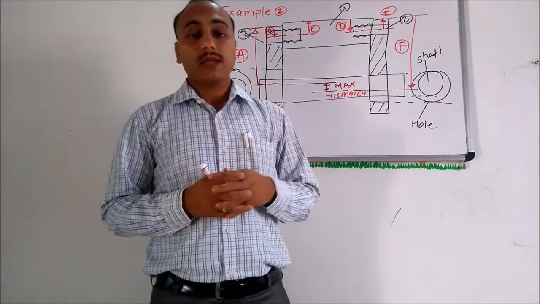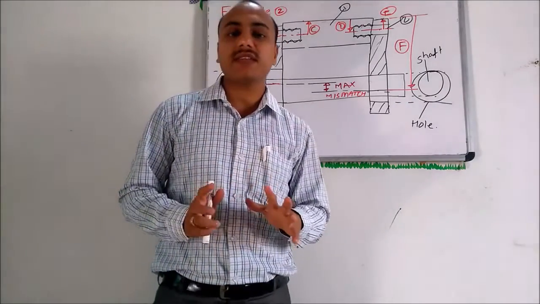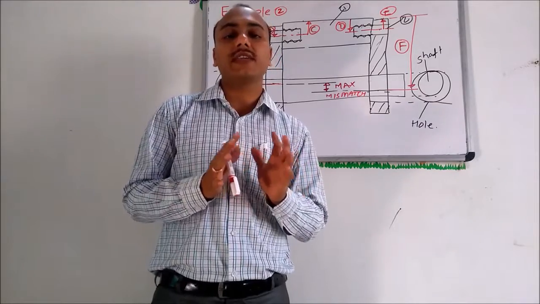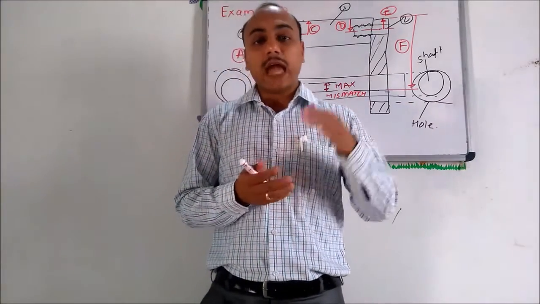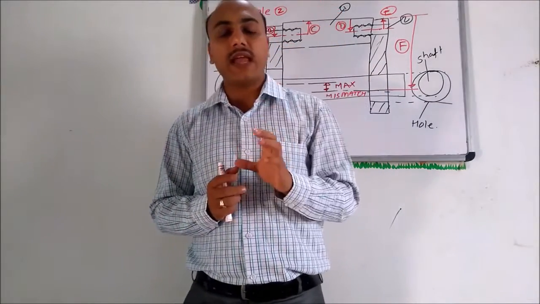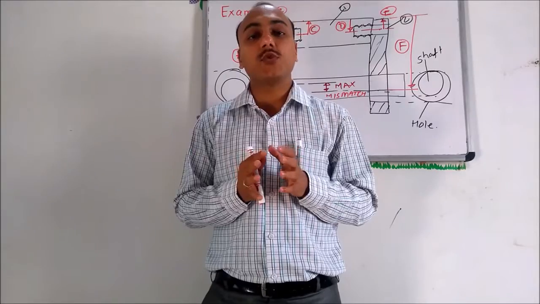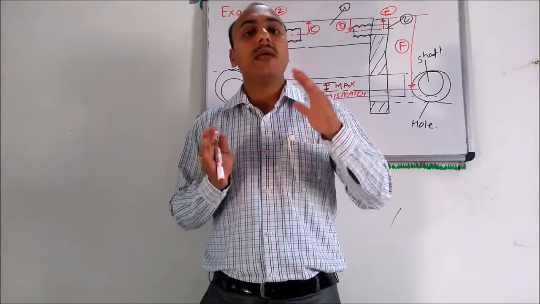Now we will go ahead to prepare the stack up table. But there is one question: which direction are we going to take as plus and which direction as minus? In other cases we discussed that the dimension which is going to be smaller and will add to the gap will be negative, and the dimension which is going to be bigger and is going to add to the gap will be positive.